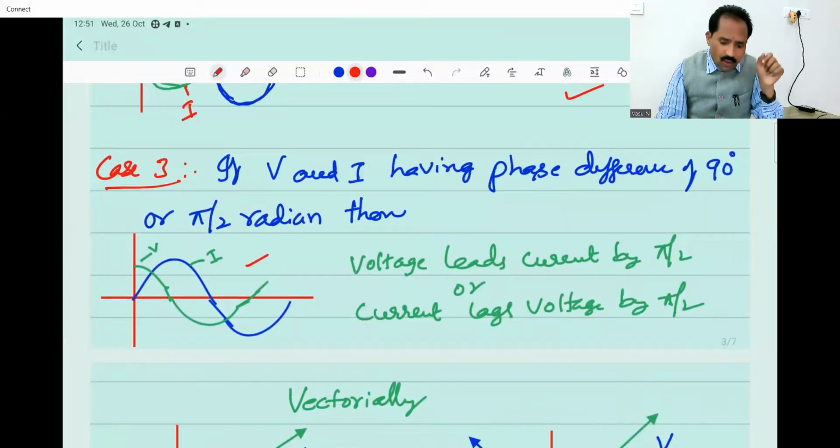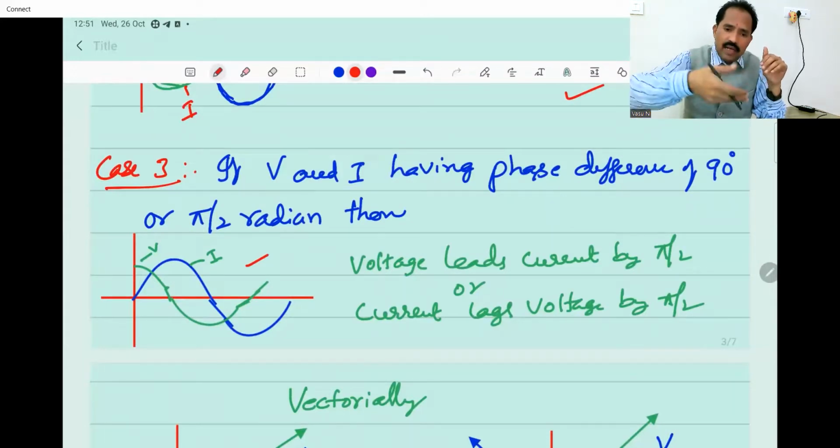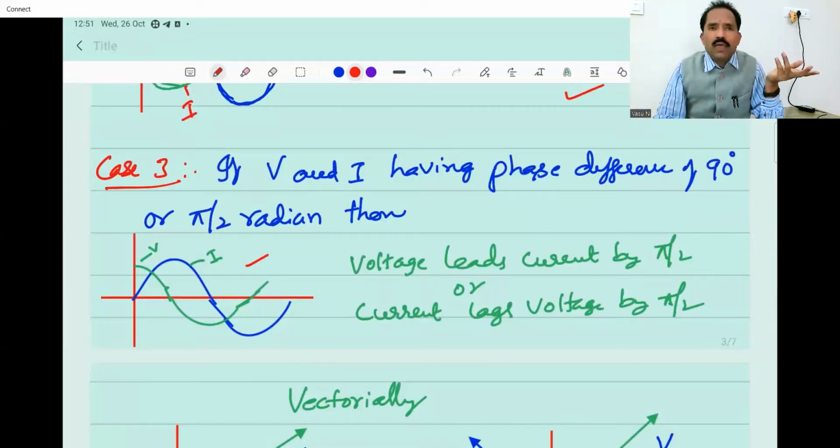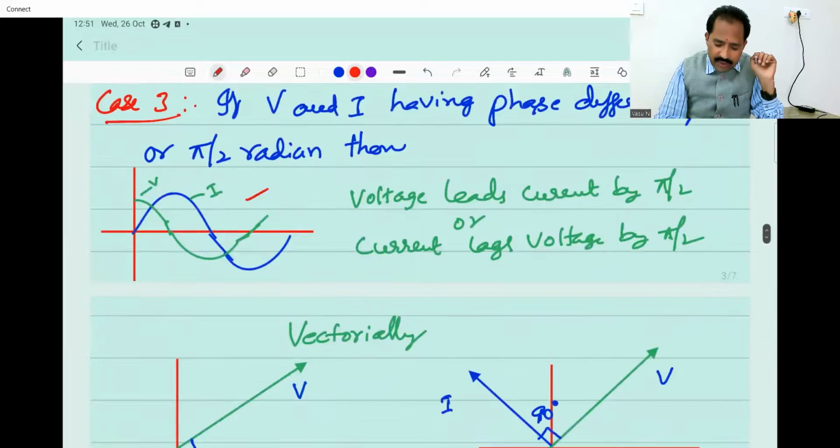See in the diagram, in the graph, voltage is ahead, current is behind. Voltage leads current by pi by 2, or current lags voltage by pi by 2. Both mean the same. Then how are we representing it vectorially?